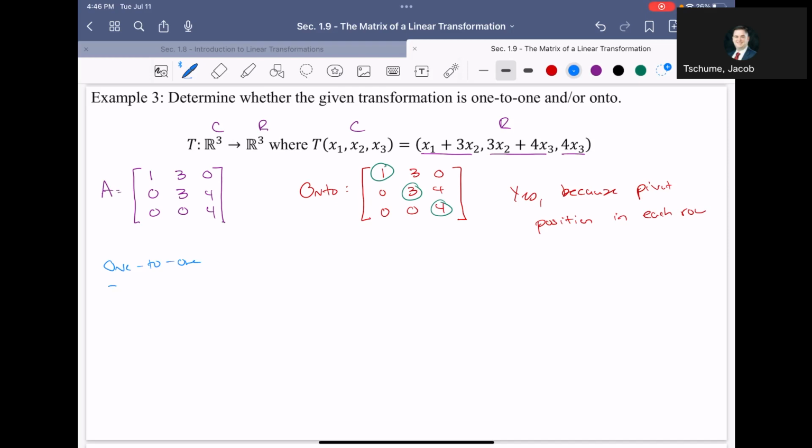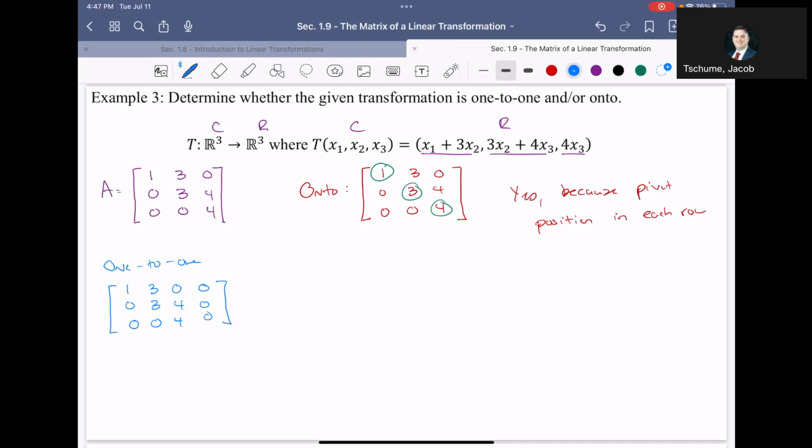So the only way to solve whether it's one-to-one is to take my standard matrix and add the 0 column on the end to set up the homogeneous equation. Now your job is to figure out, is there a free variable or not?